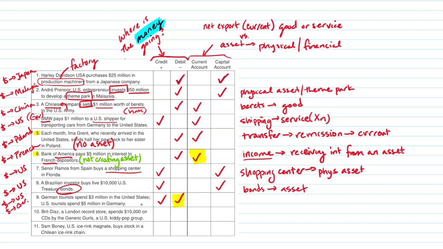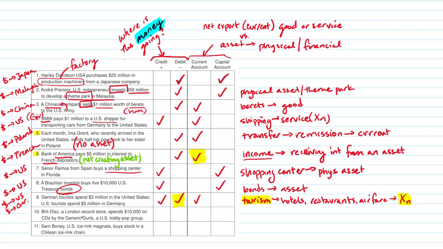So that net debit will belong on the current account. Tourism, think hotels, think restaurants, think airfare. None of those are assets. Those are all net exports. This is a relationship that's really worth keeping in your head, right? Tourism is a net export.